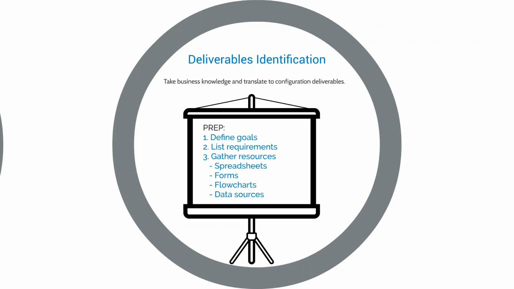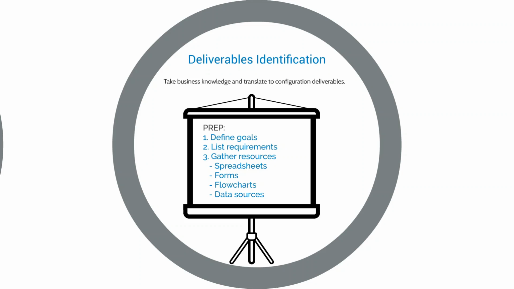If you have forms that exist that you're planning on incorporating into this process, whether they're paper or electronic, those are great things to have available and make available to the person that you're helping or working with to define the deliverables ahead of time. And same with flowcharts.